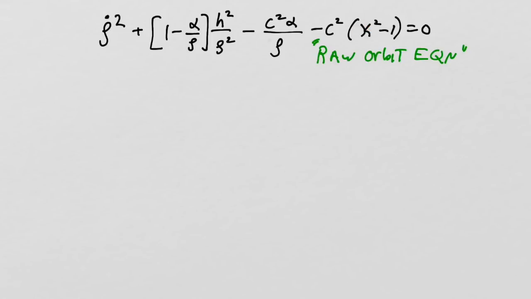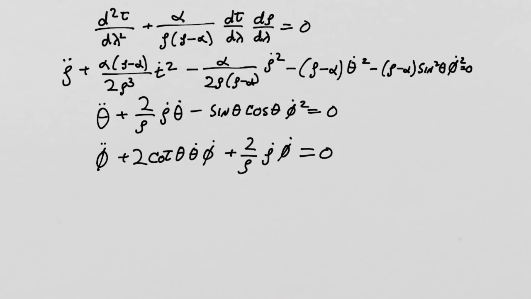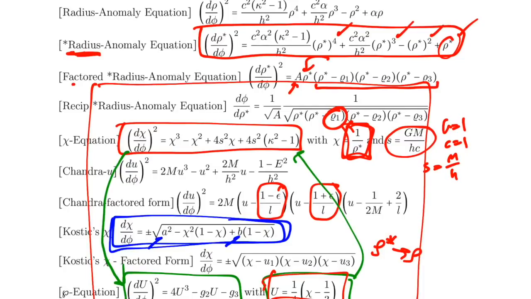Specifically, this guy here is the energy per unit rest energy of the particle that's falling in our field, and h is our angular momentum. So the raw orbit equation, we use that, and from that raw orbit equation, we ultimately derived every one of these guys, right?